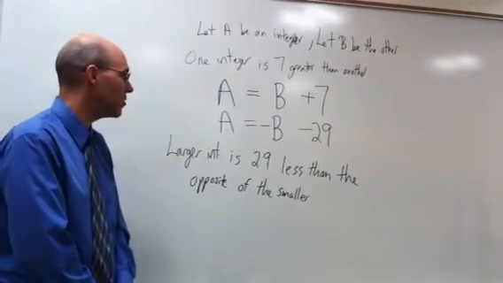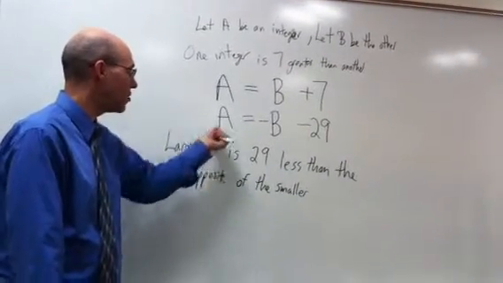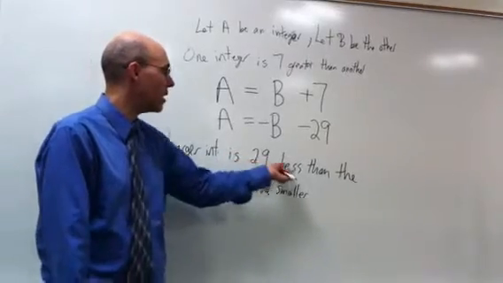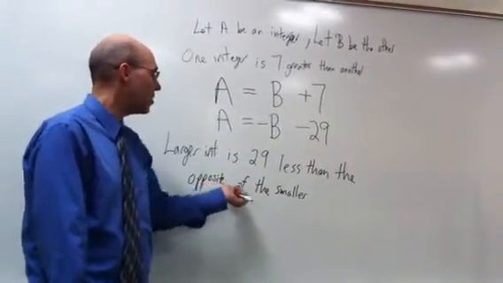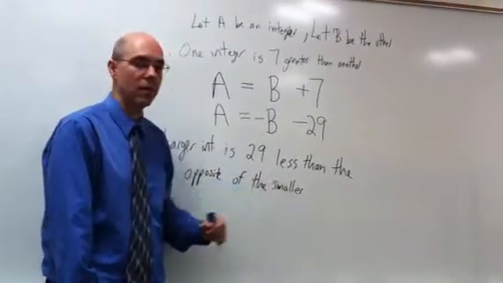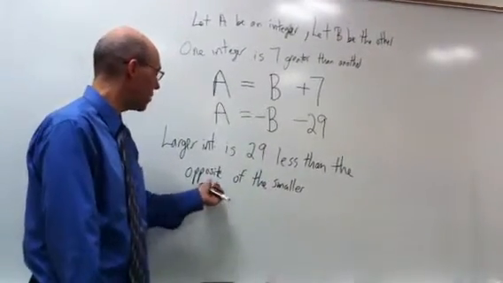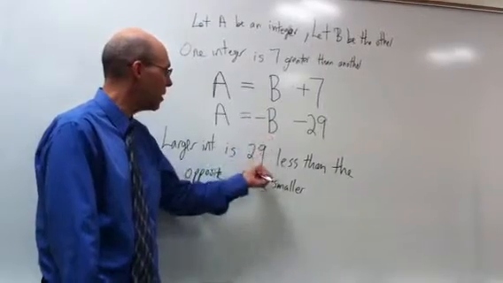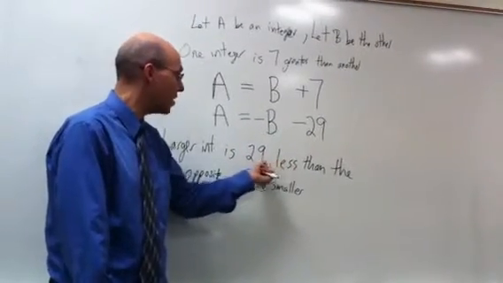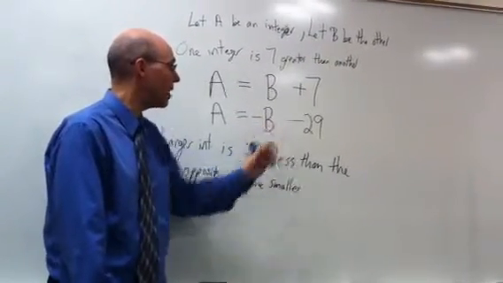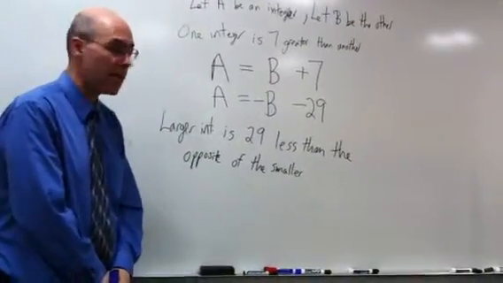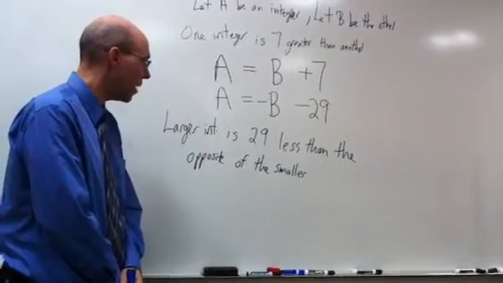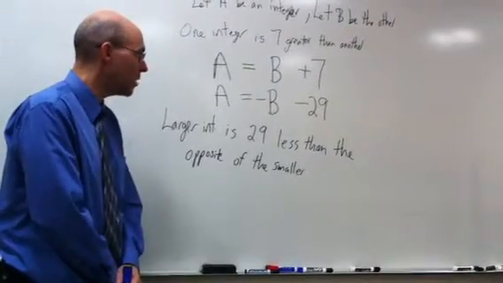So let's take a look and see if we did that right. The larger integer is 29 less than the opposite of the smaller. That's kind of a lot of words, but let's see if that makes sense. The opposite of the smaller is negative b, and then 29 less than the opposite of b is this, negative b minus 29. So it sounds like it makes a lot of sense to me, although it is a lot of words. Okay? So that's our translation.